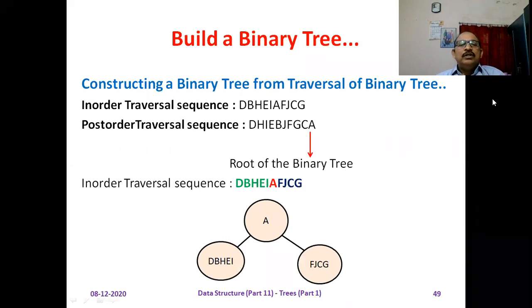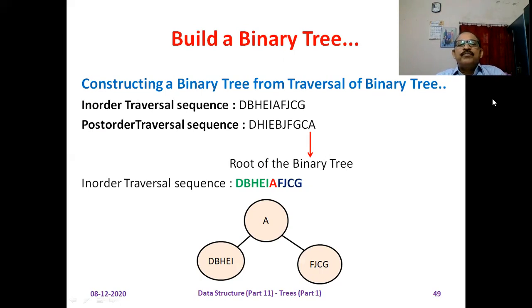As we know, in the post-order traversal sequence, the last node gives the root of the binary tree. Here A is the last node in the post-order traversal sequence. Therefore, A is the root of the binary tree. First step is finished. Now, what are the nodes in the left of A and the right of A in the in-order traversal sequence?